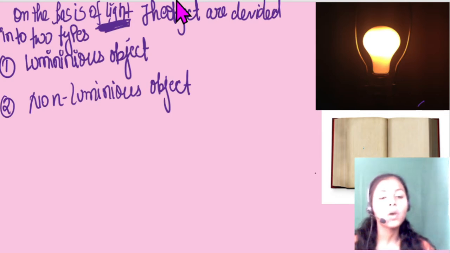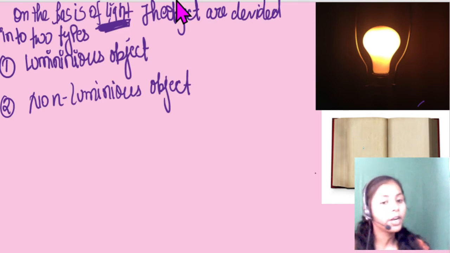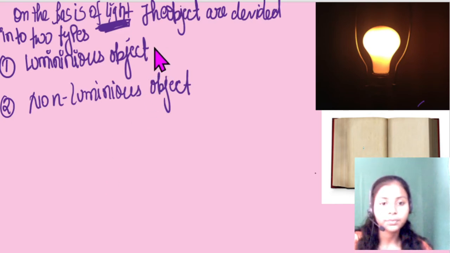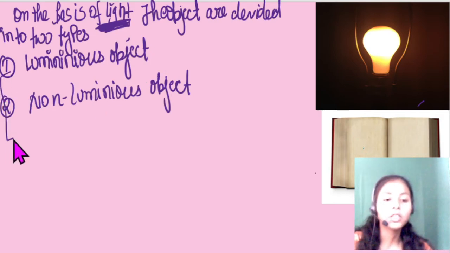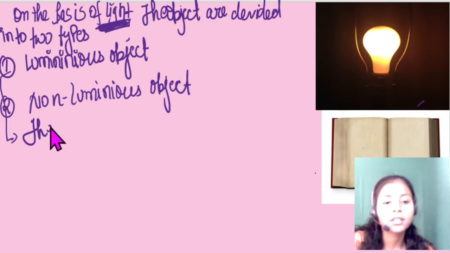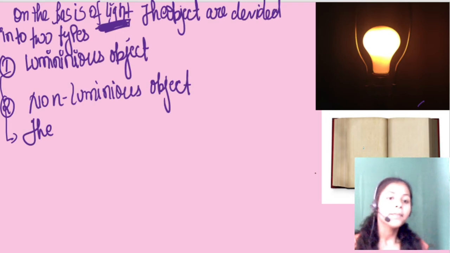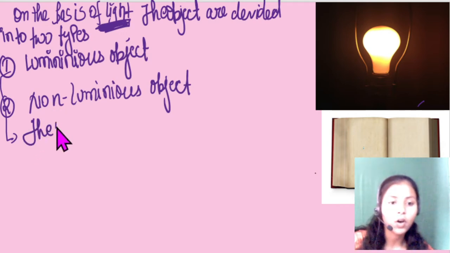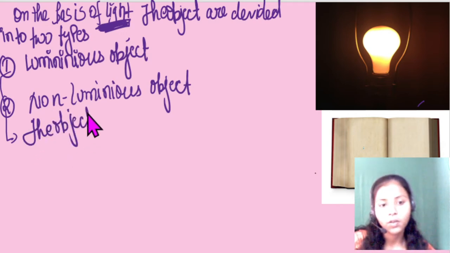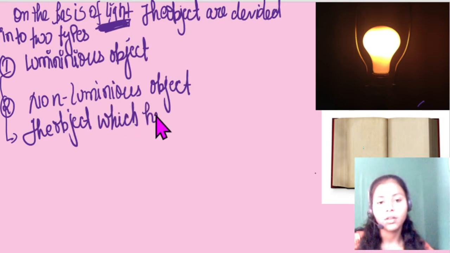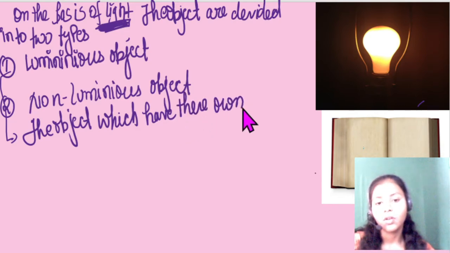So the meaning of luminous object is the object which has its own light.